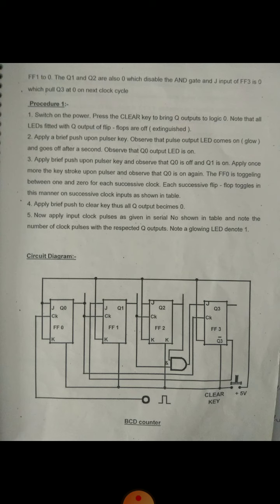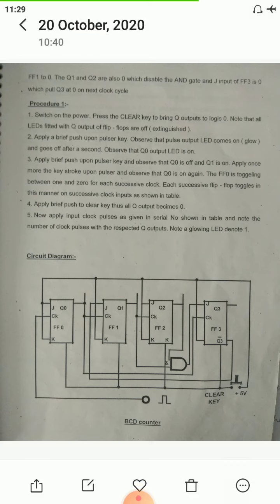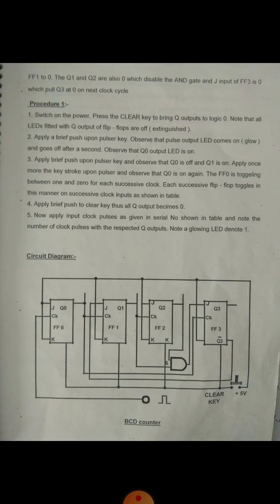When FF3 is 0, Q1 and Q2 are also 0, which disables the AND gate, and the J input of FF3 is 0, which pulls Q3 to 0 on the next clock cycle.